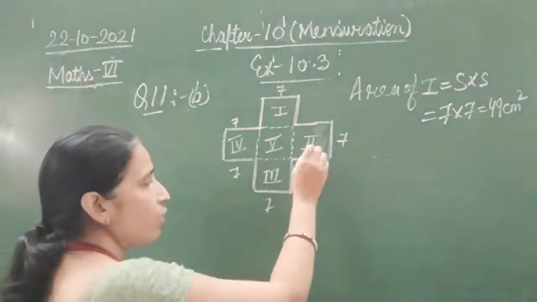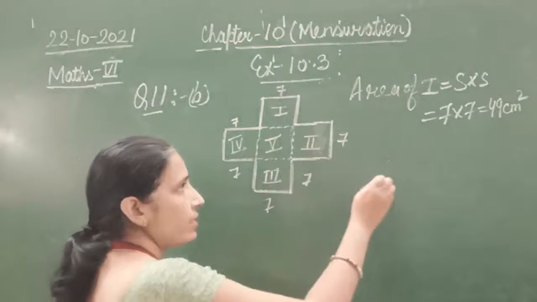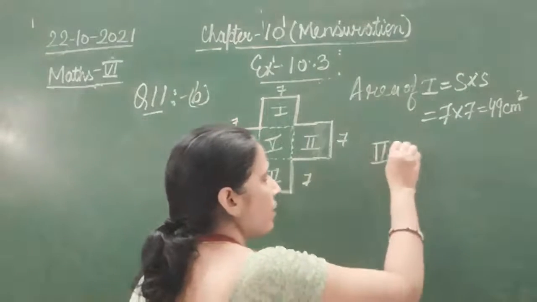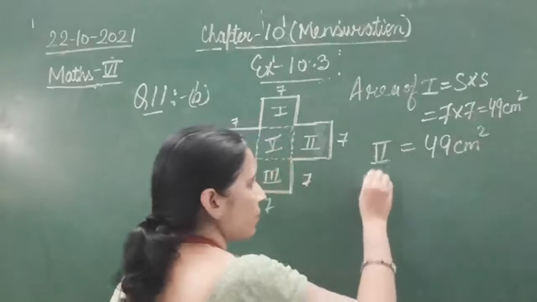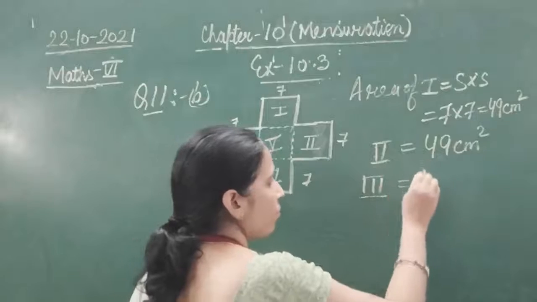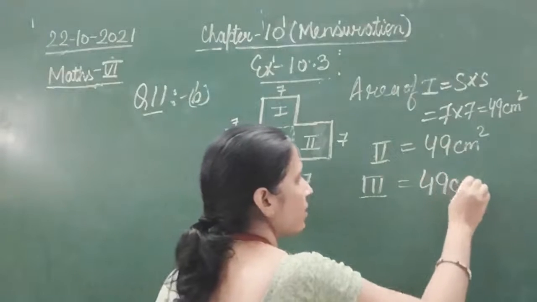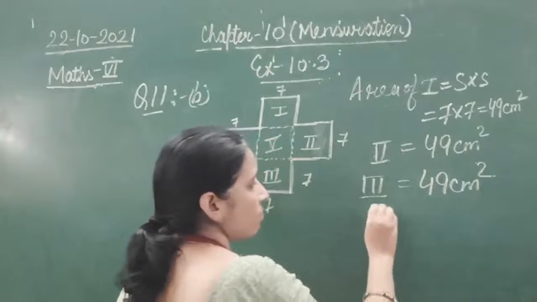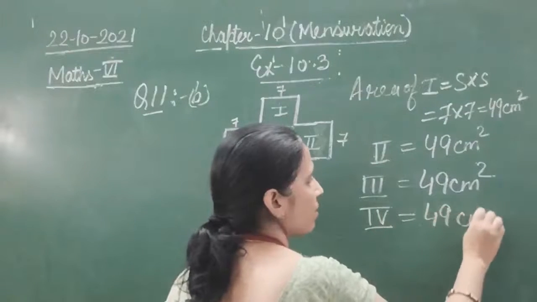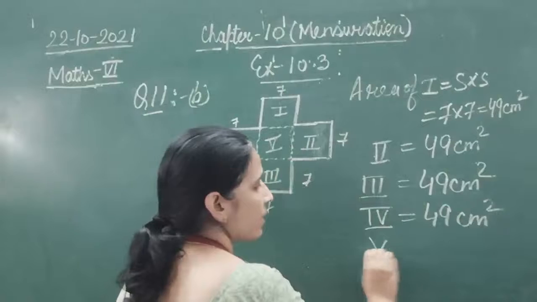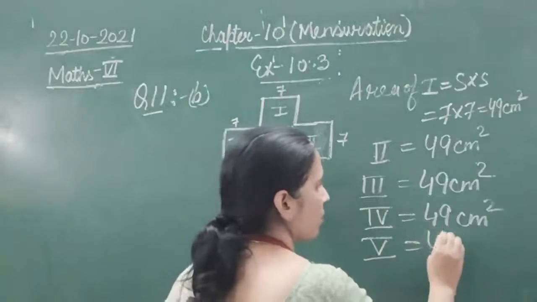Similarly, the second also 49 centimeters square. Third also the same, 7 7s are 49. Fourth, again the same, 49 centimeters square. Fifth, again 49 centimeters square.